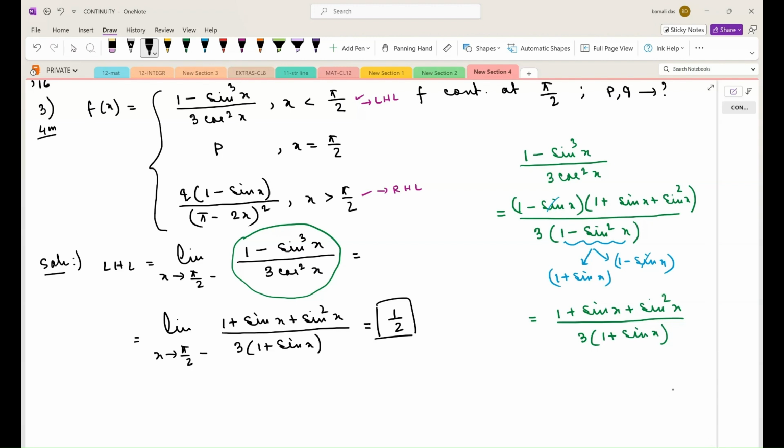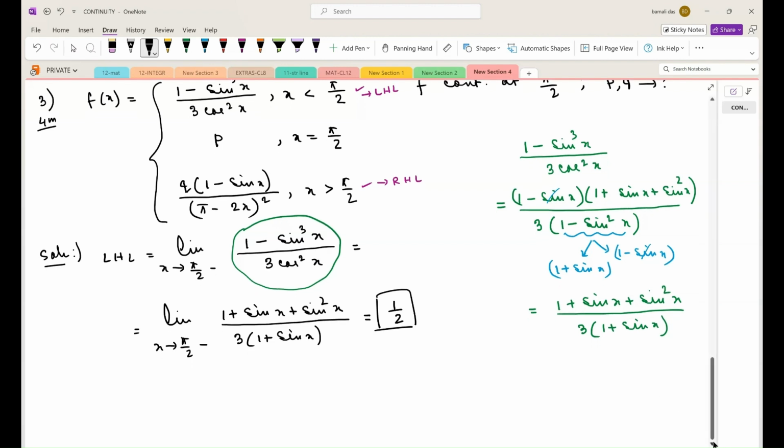Now let us calculate the right hand limit. So right hand limit is limit x tends to pi by 2 from the right. So this time x is greater than pi by 2. That means my third branch will be the value of the function. So q into 1 minus sine x by (pi minus 2x) whole square.